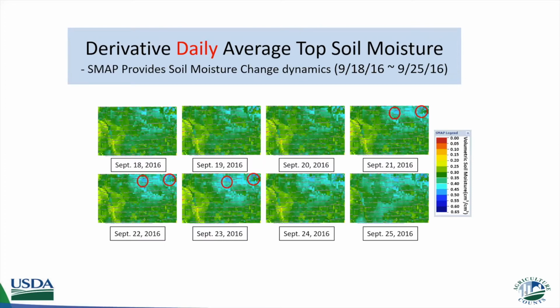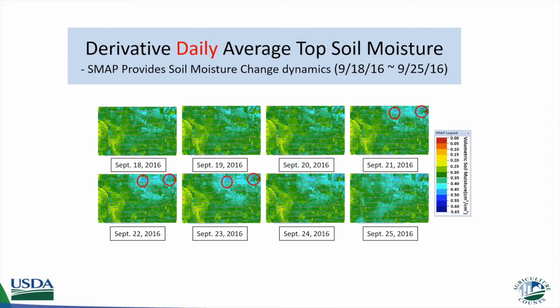Based on this original 3-hour output, we aggregated the data by averaging them, so we can develop the daily average soil moisture data, both top and root zone soil moisture data.